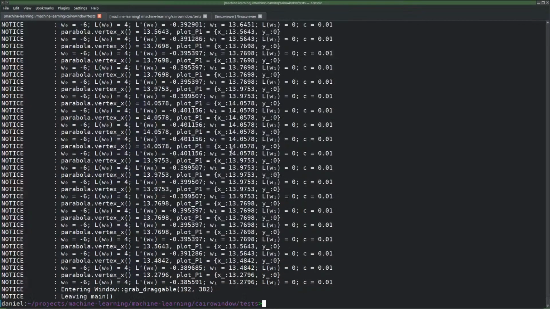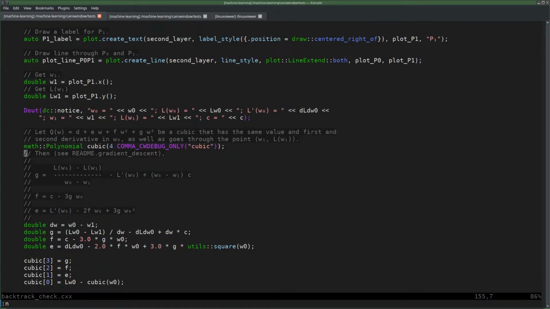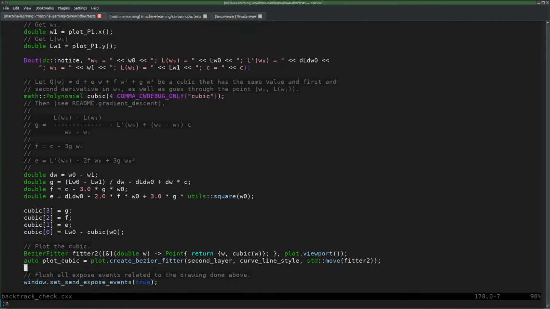Totally goes through P0, which means that this last line is correct. That line. But yeah, what about the rest?